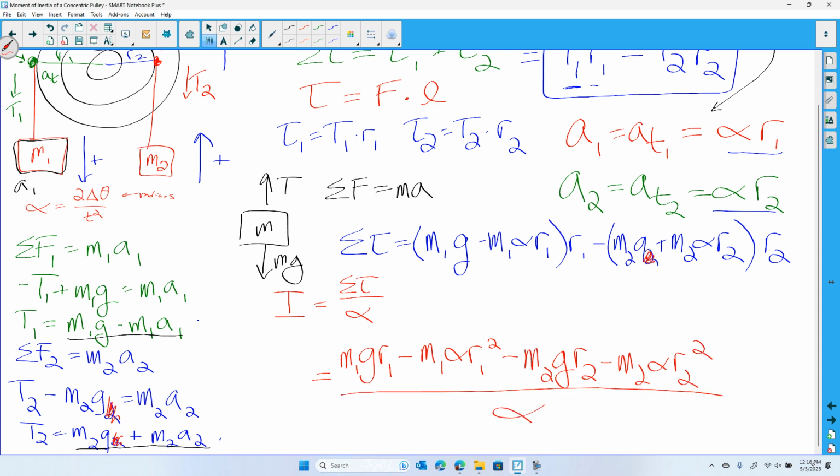And we know all these things. If you got an angular acceleration on Wednesday, then you know alpha. The masses, we use a balance to find; R, we use a ruler to find; G is about 10, and we can find the moment of inertia.